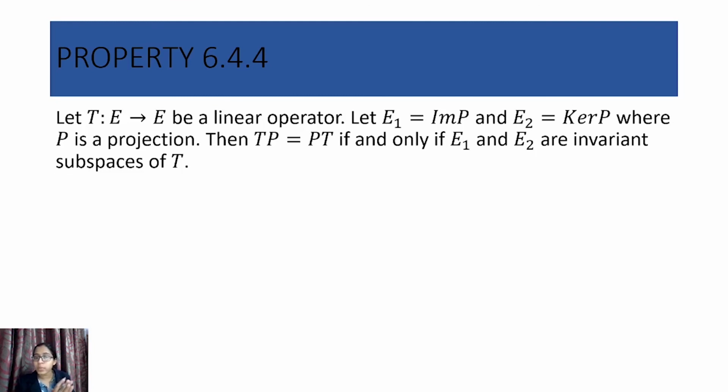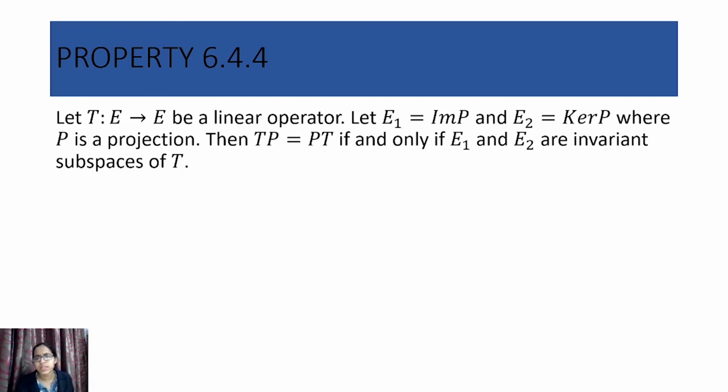So these are the 4 properties that we are going to be discussing in today's lecture. First was what is a projection, then we showed that P acting on E1 is E1 itself, then we showed that we can find another projection which is I minus P, and their image and kernels will be same, and we also showed that the linear space E can be expressed as the direct sum of image of P and kernel of P, where P is the projection.